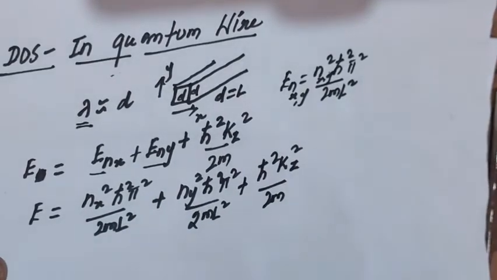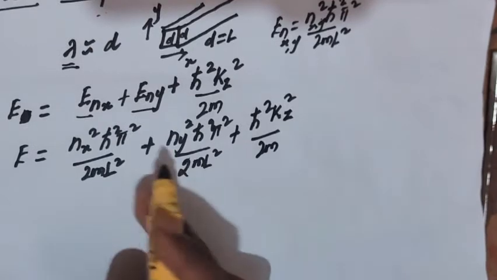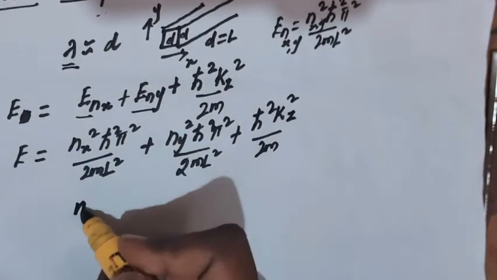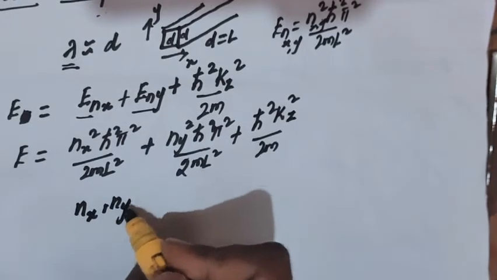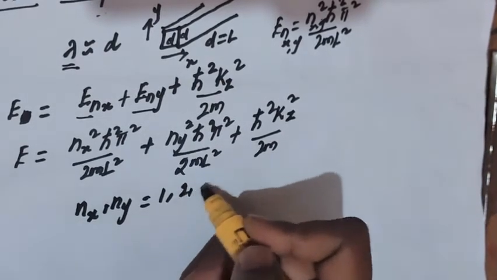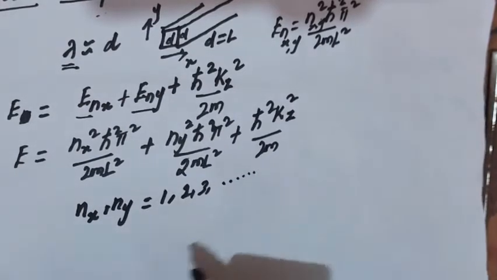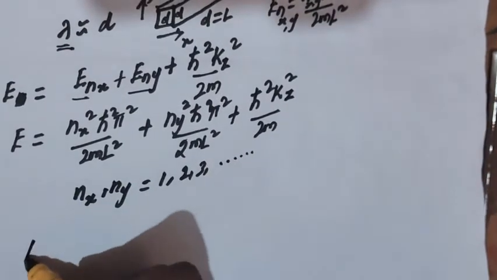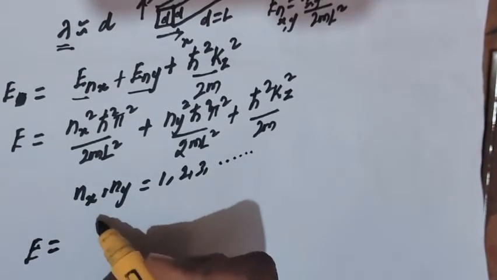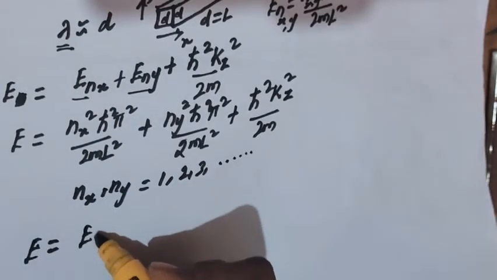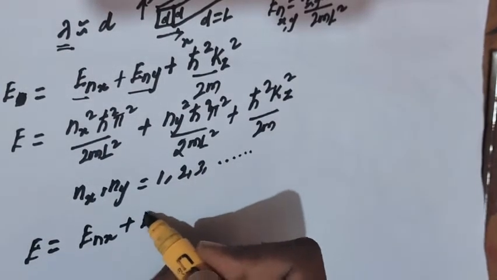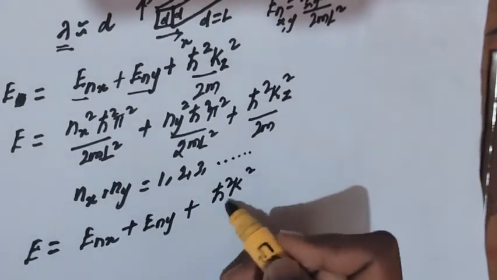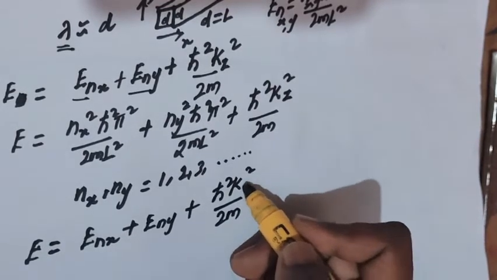These energies are discrete and depend on the quantum numbers nx and ny, which can have the values 1, 2, 3 up to infinity. So the energy is simply Enx, which is constant, plus Eny, plus h bar square kz square divided by 2m.